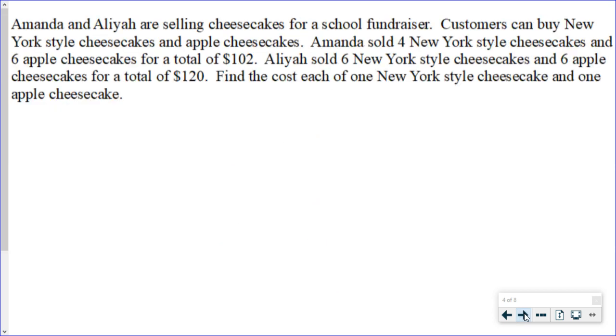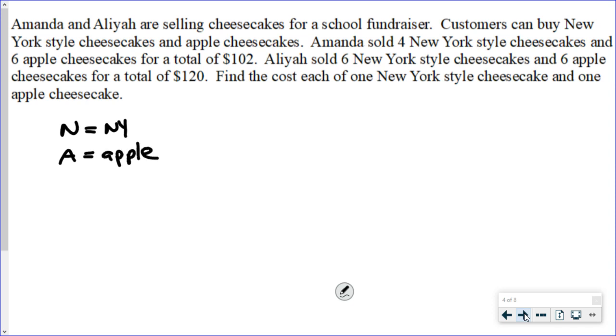Okay. Now this says, oh, it's a little off, so let me read it to you. It says, Amanda and Aaliyah are selling cheesecakes for school. Customers can buy New York-style cheesecakes and apple cheesecakes. So let N be New York-style cheesecakes, and let A be apple.